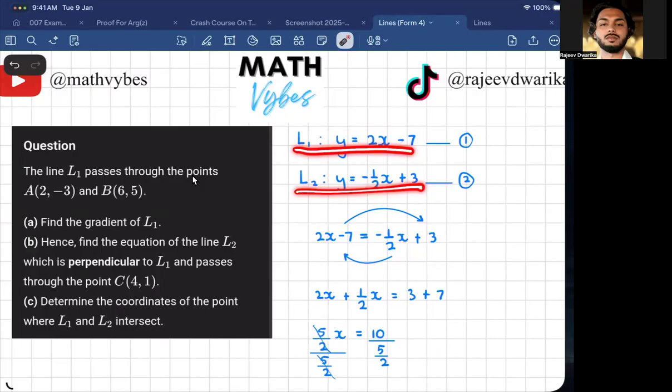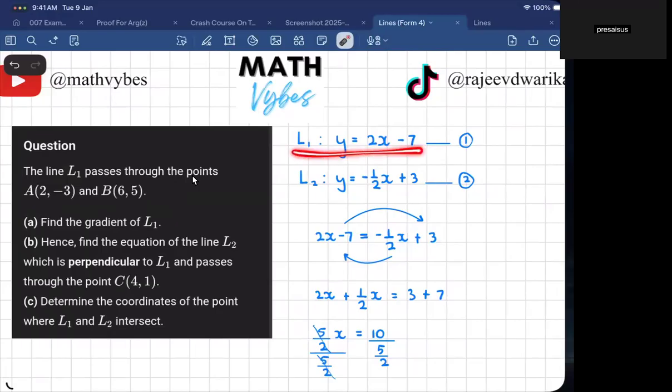You there? Yes, sir. Okay. If you don't have L1 and you don't have L2, you can't do anything. Next thing, Perseus, what is y equal to here? 2x minus 7. Okay, what is y also equal to?